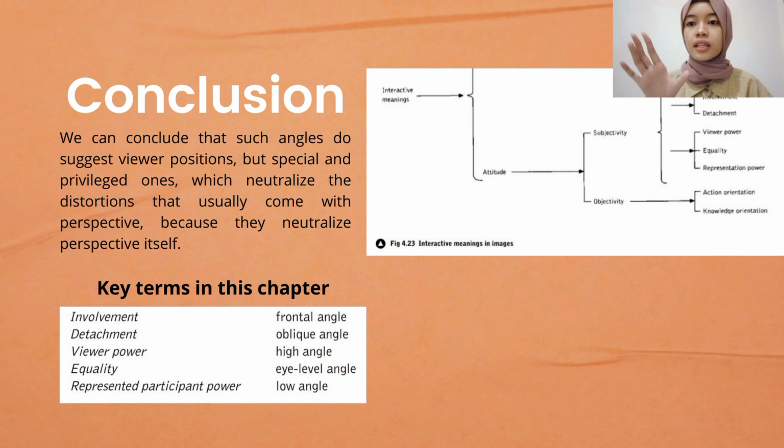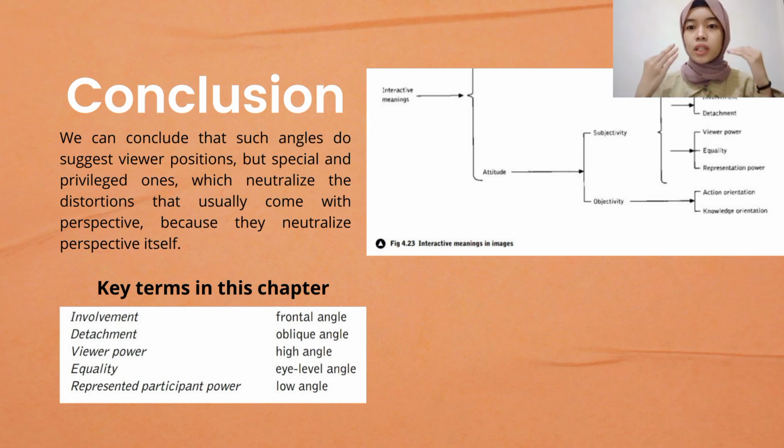We also have the key terms in this chapter, which are involvement, detachment, viewer power, and equality, and that relates to frontal angle, oblique angle, high angle, and eye level angle, as well as low angle. So, based on the key terms of our discussion, when an image has a frontal angle, we will look at it with a sense of involvement.